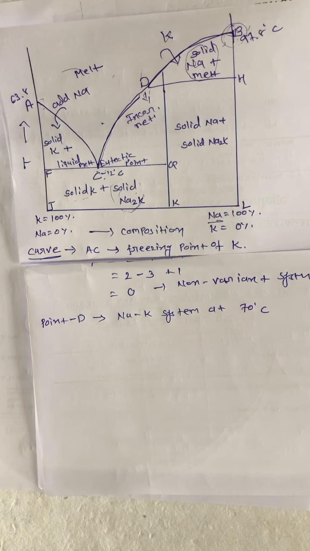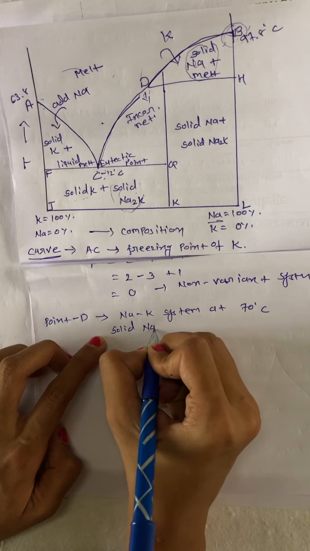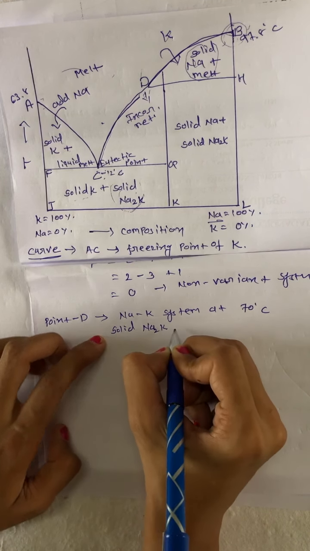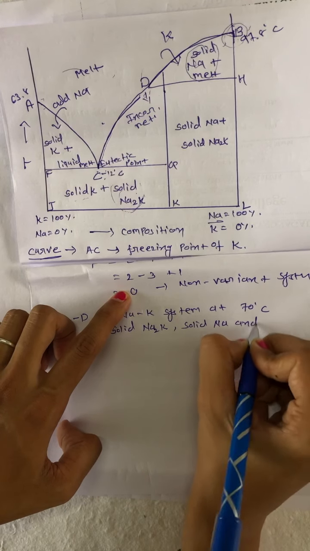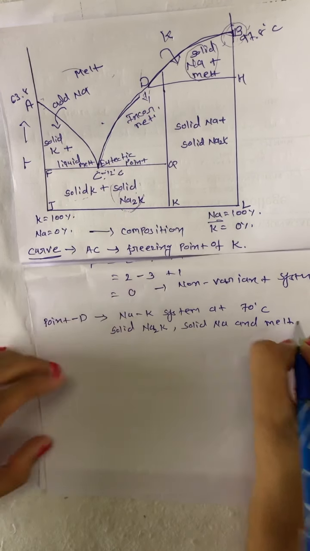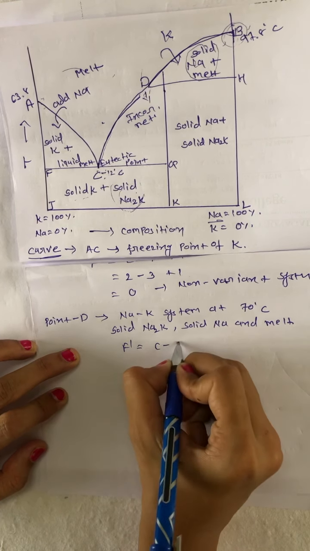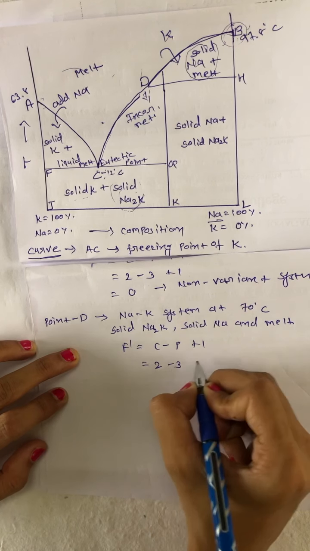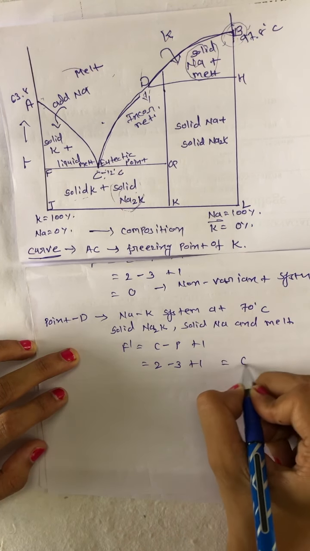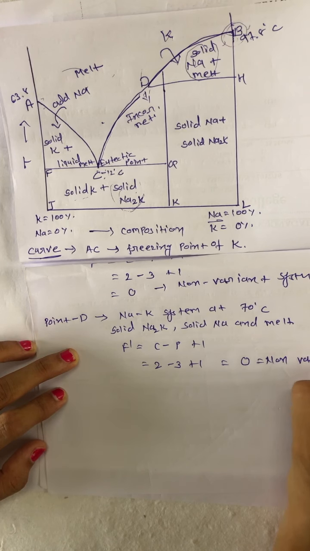Hence three phases, solid Na2K, solid Na and melt, exist. So F dash is equal to C minus P plus 1, 2 minus 3 plus 1, this is 0. This is called non-variant, right?